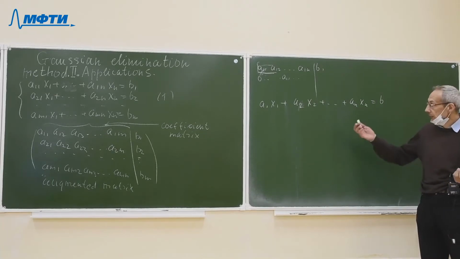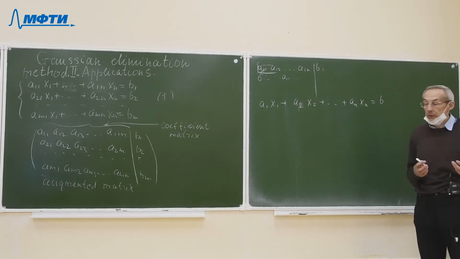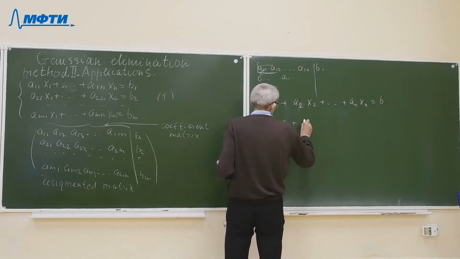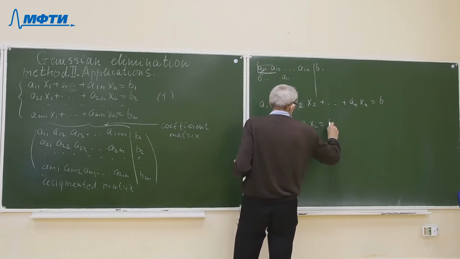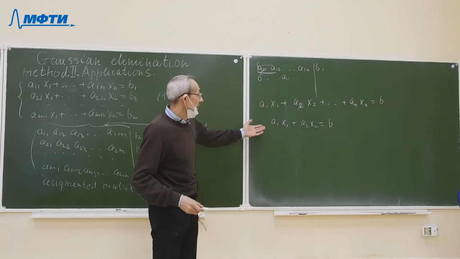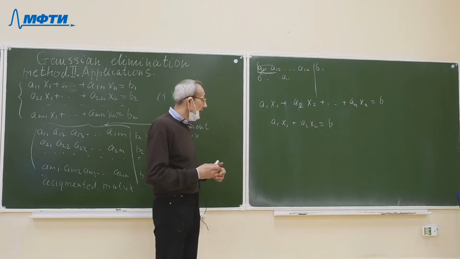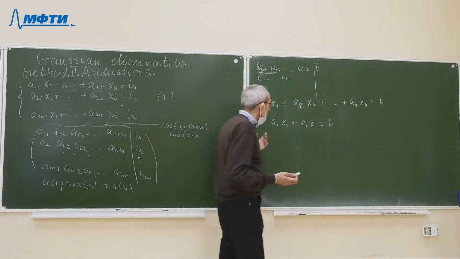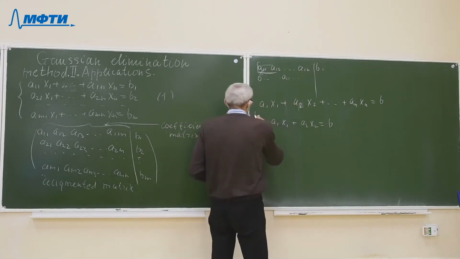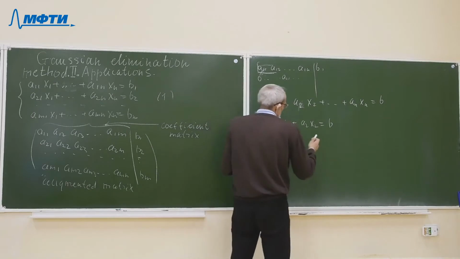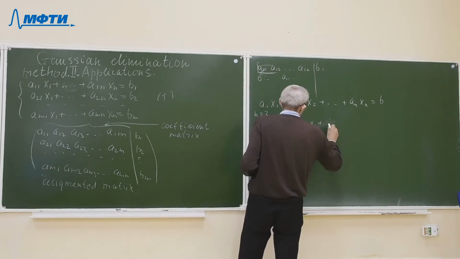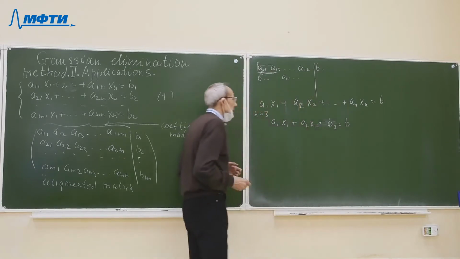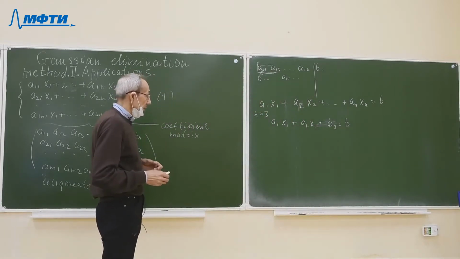For example, if n is equal to 2, such an equation defines a straight line in the plane. In the case when n is equal to 3, such an equation defines a plane in geometrical space.